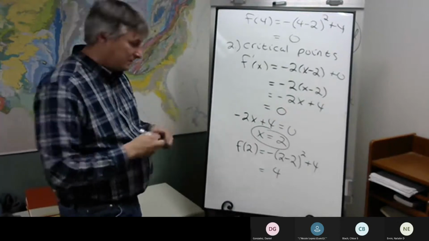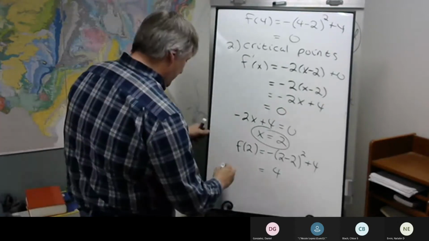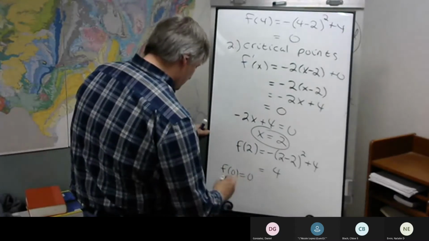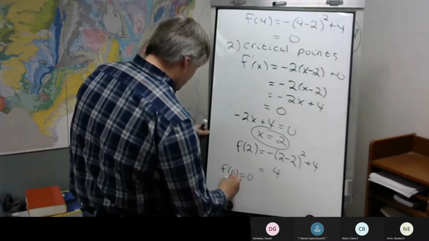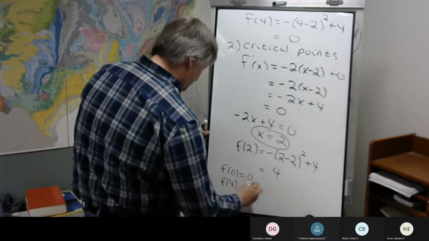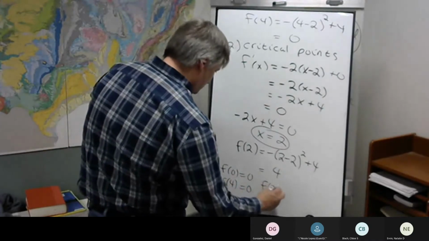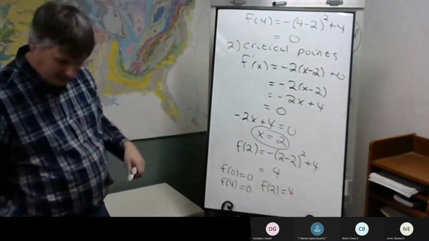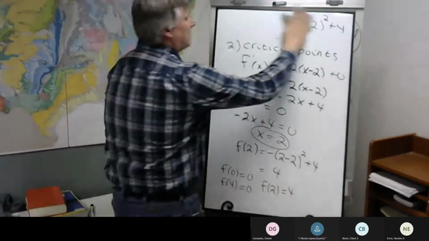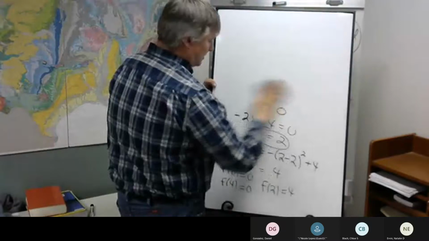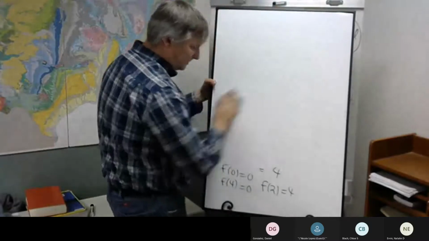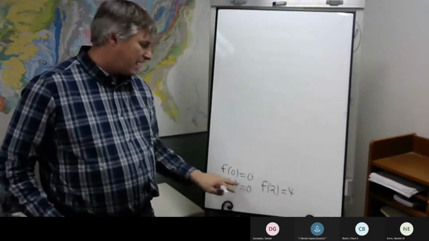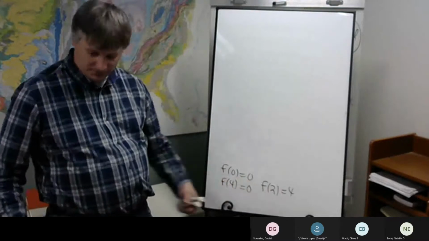And what does this tell us? Well, let's take a look at what we've discovered. For the endpoints, we have this. So what we come to realize, our minimum or maximums, they're going to happen at these locations.